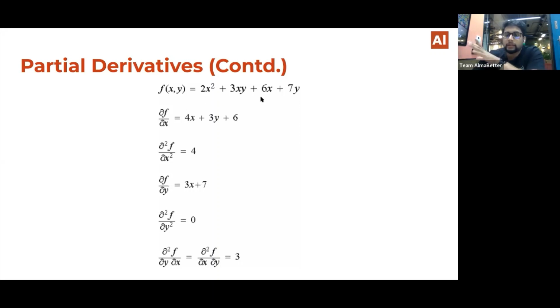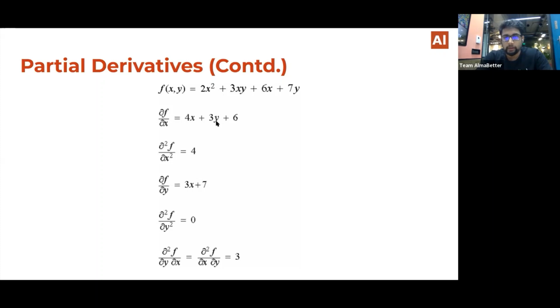You will treat y as a constant, and then you will take the derivative. So you're changing x, so the derivative of this will be 4x. In this part, you will take 3y as a constant and you will take it out. So the remaining part is x. Only for this part will we calculate the derivative. So the derivative of x is 1. So essentially you are left with 3y.